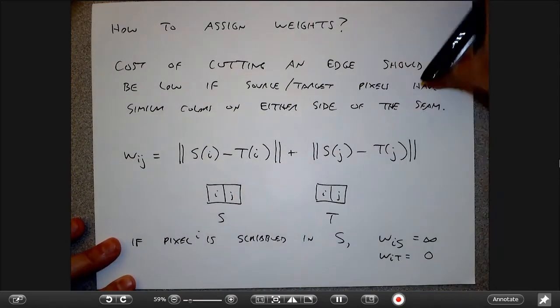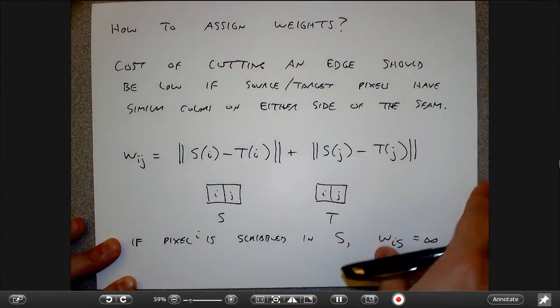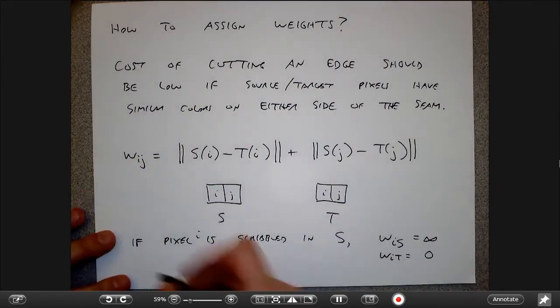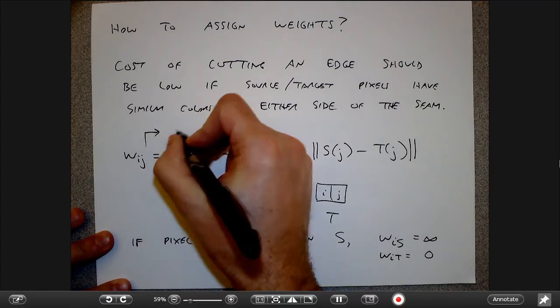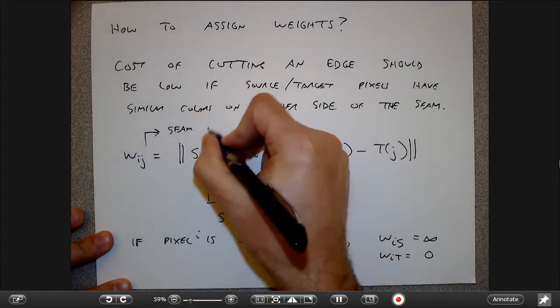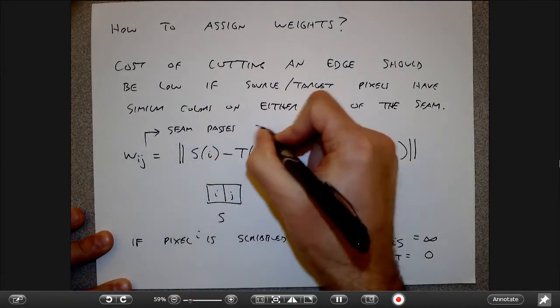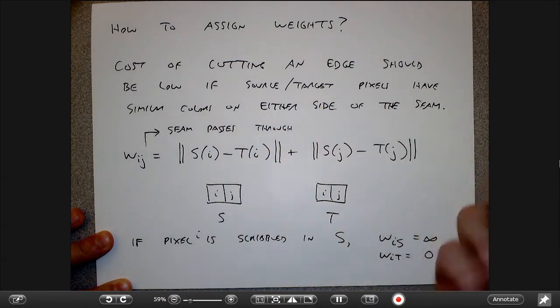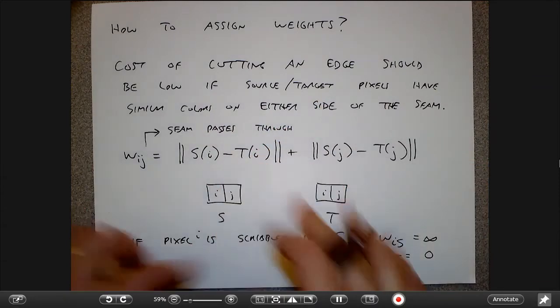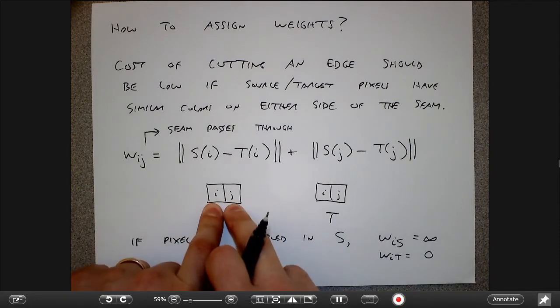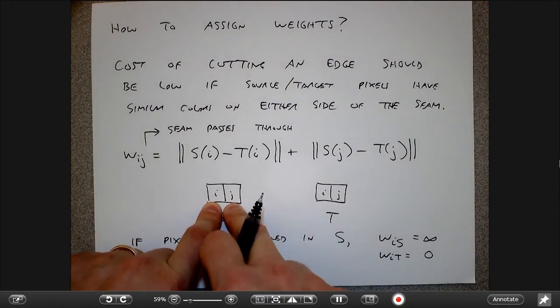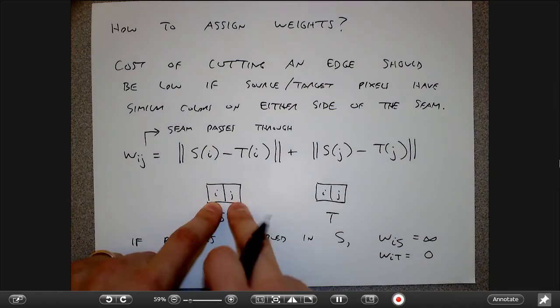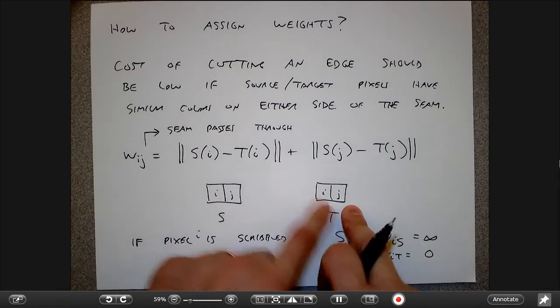So this is one way, and the implication is that the seam passes through, I mean, there's nothing that says that these colors themselves have to be exactly the same, right? So for example, this pixel could be black and this pixel could be white, and the same over here, and this cost would still be low.